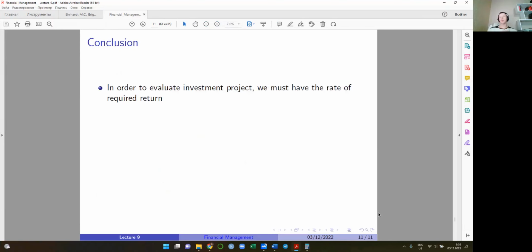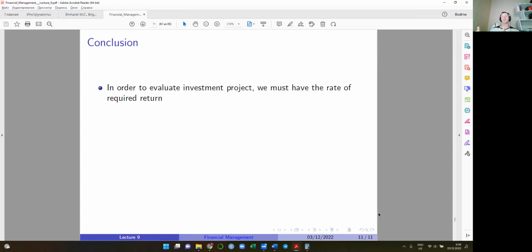So with this, we somehow conclude the huge topic of investment project valuation. We had 1, 2, 3, 4 lectures about this. We started with the NPV and other investment criteria. Then we discussed what are the problems with internal rate of return in the case when we need to decide between two projects, and why net present value is preferred.